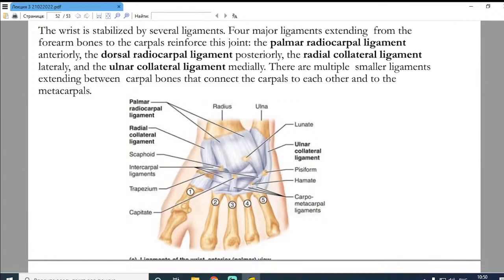The wrist is stabilized by several ligaments.